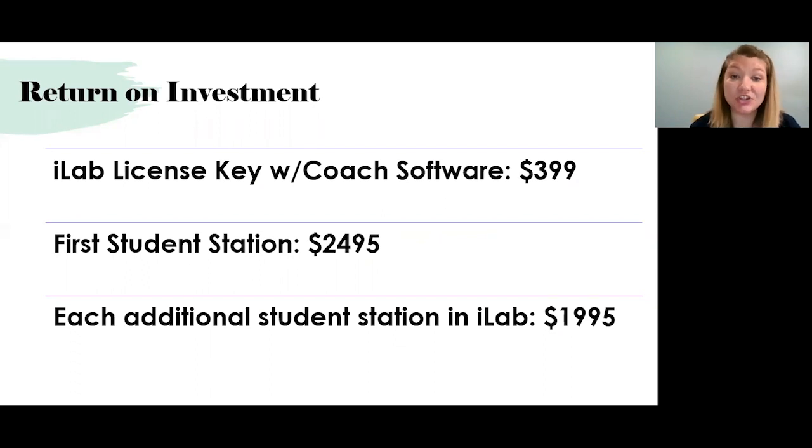To get started with iLab, all you need to purchase is the iLab license key, with coaching software. The cost on that is $399. The way that would work is you would lease out your Bodywave armband. Remember, they need that Bodywave armband to actually do the training.